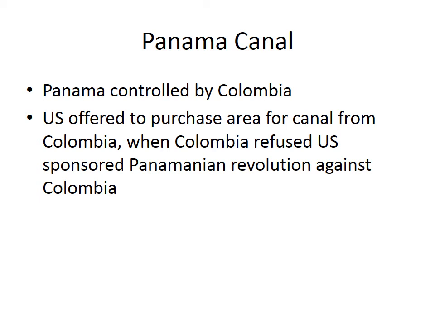After the refusal by Colombia to sell at least the canal zone to the United States, the U.S. incites a rebellion against Colombia in Panama, and gives them military assistance and advice, and actually troops on the ground to help stage the coup that will throw Colombia out of Panama. Panama then becomes an independent country. The United States instills a government that is pro-U.S. That government then leases the canal area to the United States, and the United States begins to build the Panama Canal. That's all in 1903.